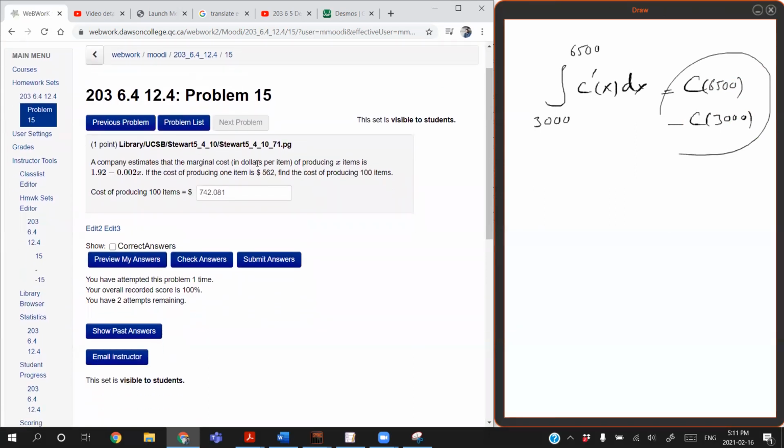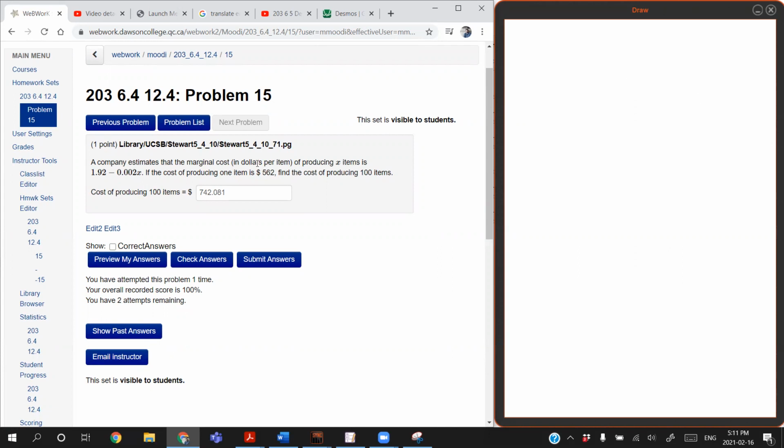And for this last one, it's an initial value problem, actually. You don't need the fundamental theorem for this one. It says that the marginal cost, which is c prime of x, is given to be 1.92 minus 0.002x.